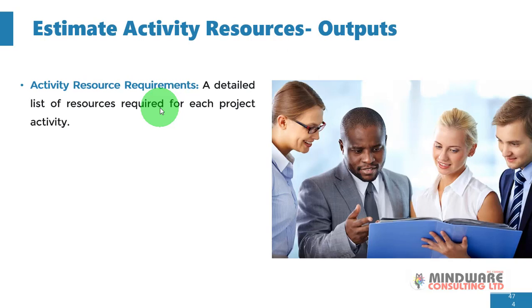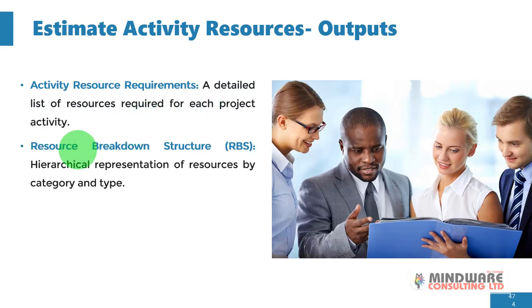If it's humans, okay, what categories of people, what are their job descriptions, all right, what's going to be their qualification, what are the job specifications, all right, and also their availability. Okay, so the activity resource requirements give you a detailed list of all this for each particular activity in your project.